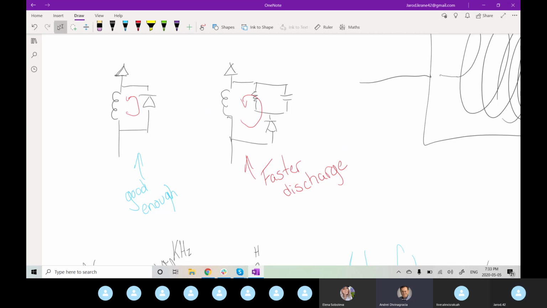Yeah, if you are switching at a high frequency, you want faster discharge. So when you're designing a motor controller circuit, you'd want the faster discharge, the snubber. Yeah, in cases where your inductive load is being switched quickly. Okay, you'd want a faster discharge.